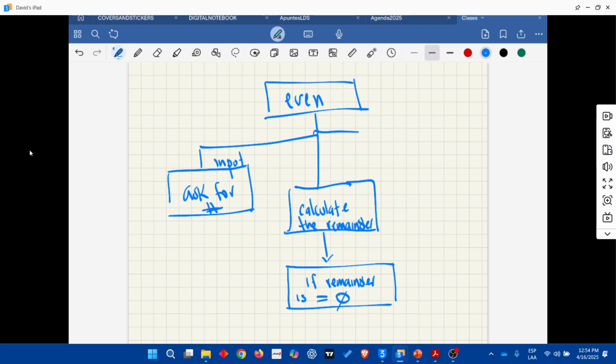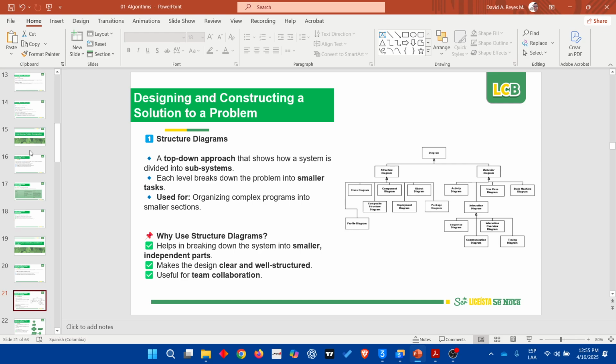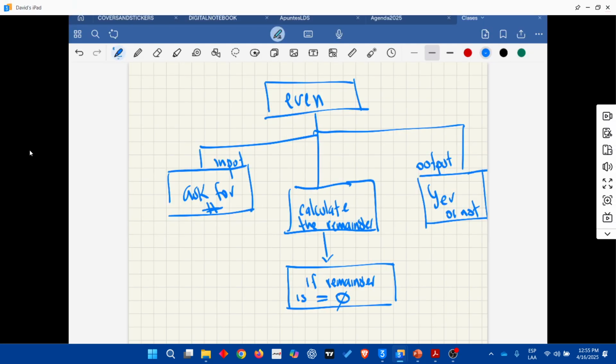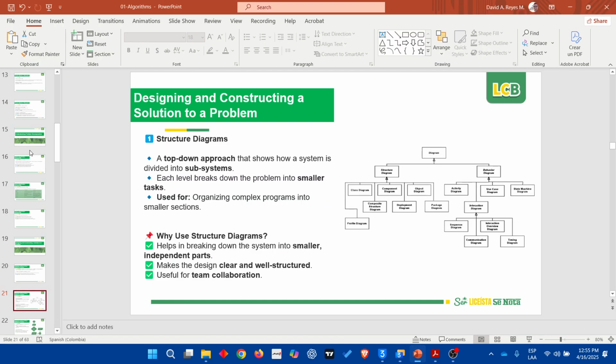And with this information, you are going to give the output, yes or no: if the number is an even number or an odd number. Okay, so this could be the structure diagram, that is a top-down approach that shows how a system is divided into subsystems. Okay, okie dokie.